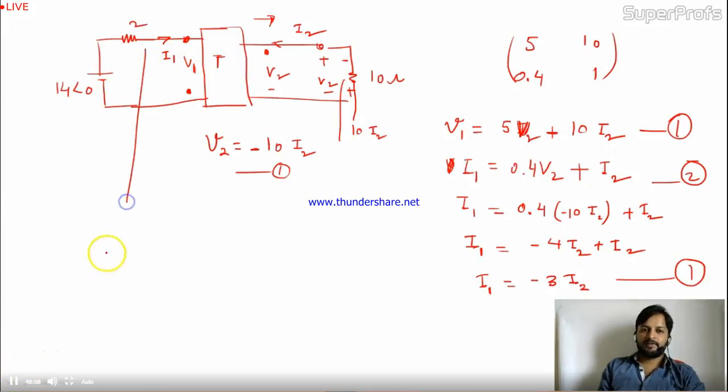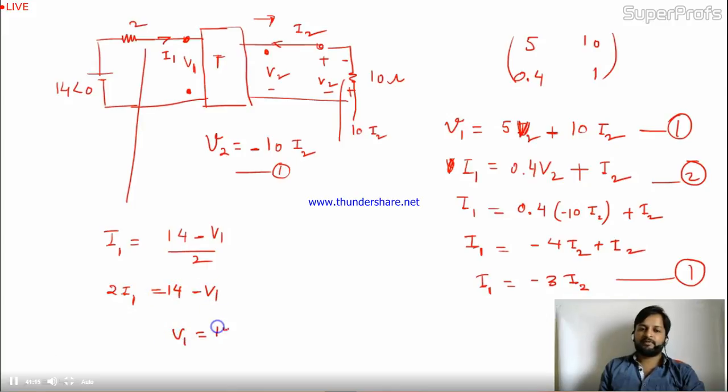Now at the input stage also I'll remove this V1. The current is given over here, I1, and the source is 14 at an angle 0, I can remove the 0, no problem at all. I1 is nothing but the potential difference V1 divided by 2, so by this equation I can remove V1 in equation 1. So 2 I1 equal to 14 minus V1, so V1 equal to 14 minus 2 I1.